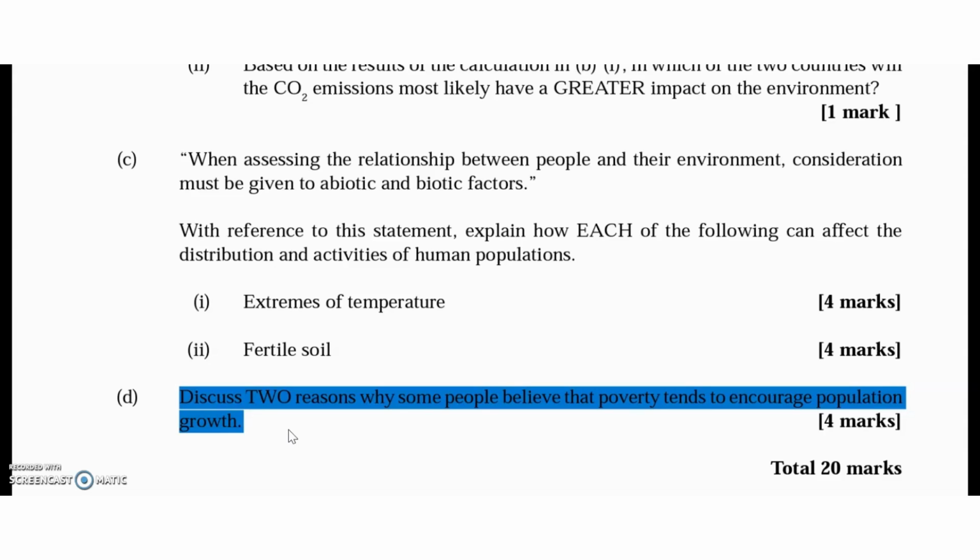All right, that's one. Now, secondly, some people believe that poverty is actually a major encouragement to population growth because poor conditions or poor environments cannot simply afford proper family planning services. They don't have the expenses for that.